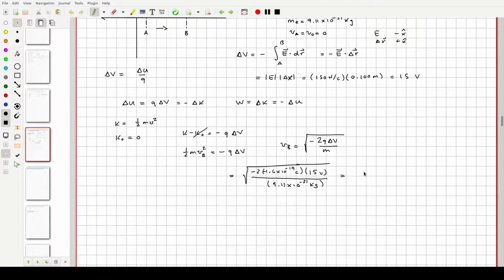So when you do this, you see here 1.6 times 10 to the minus 19th times 15, then divided by 9.11 times 10 to the minus 31st.